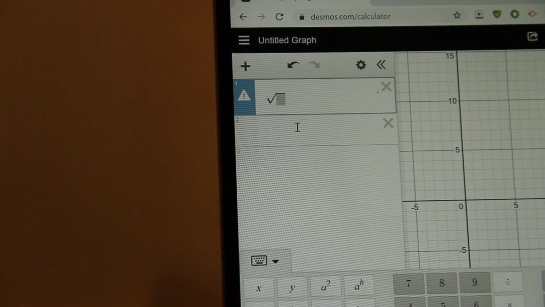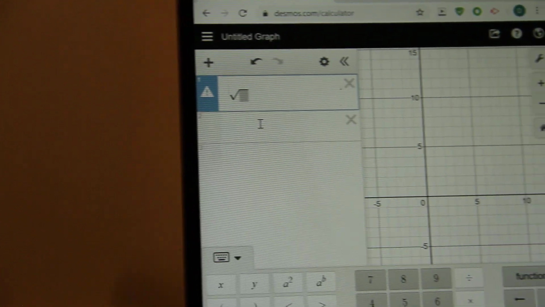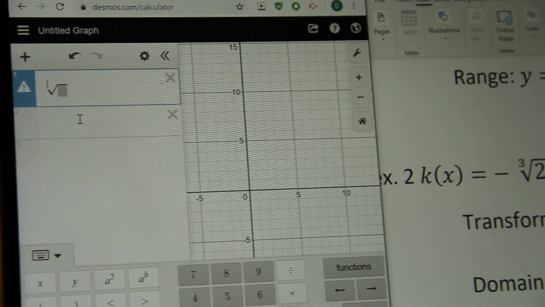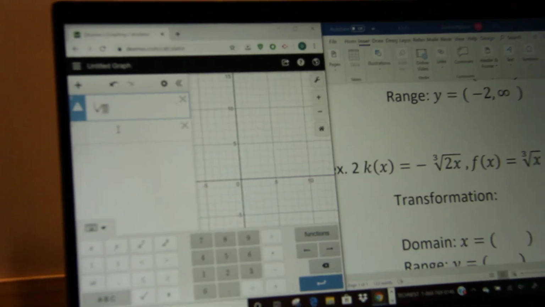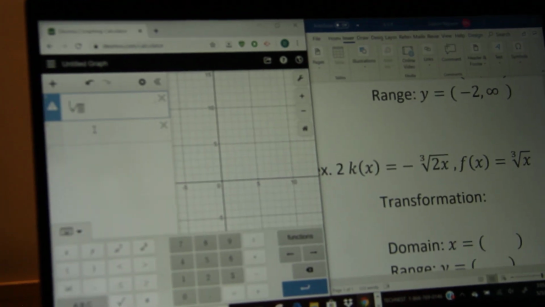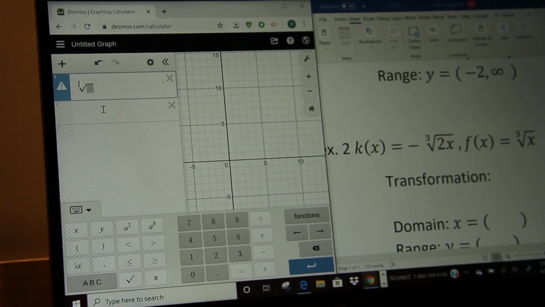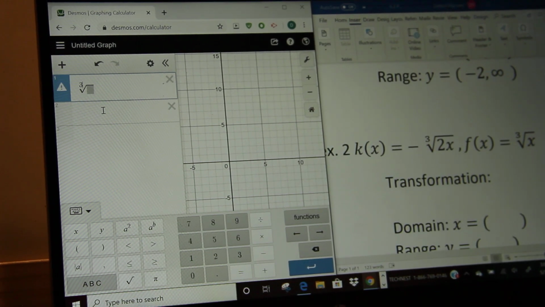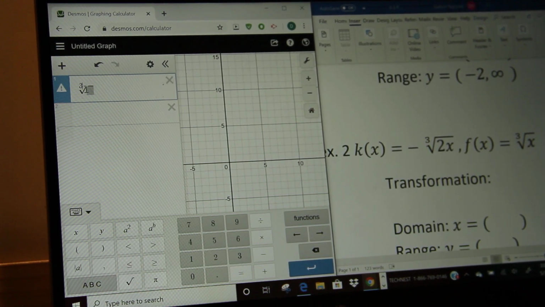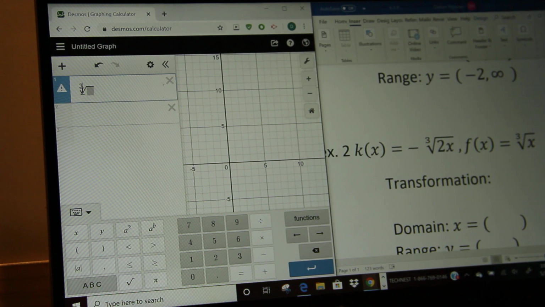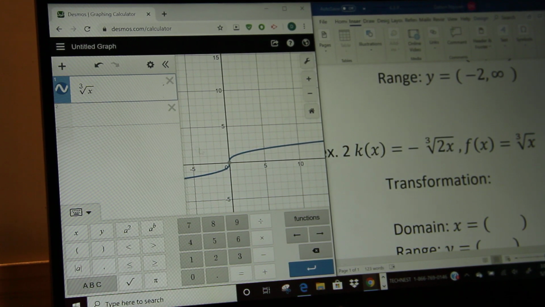I'm going to write 3 as my cube root, 3 cube root of x as my parent function, and that's what it looks like.